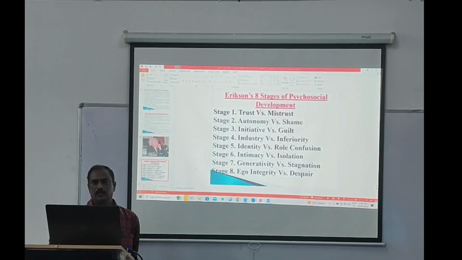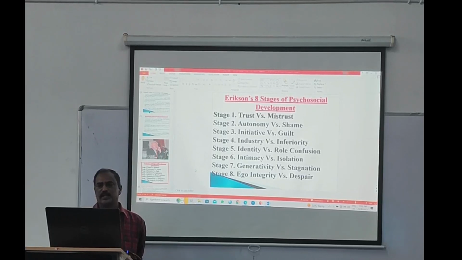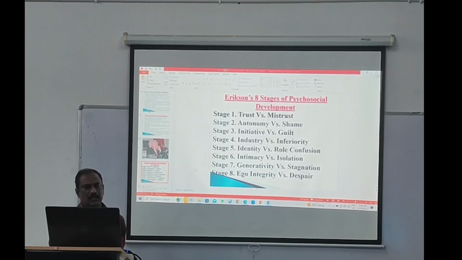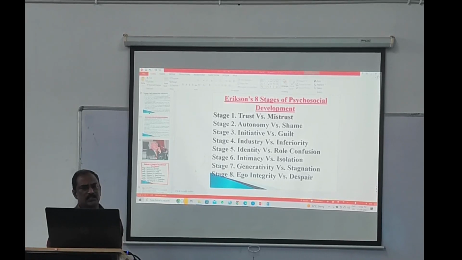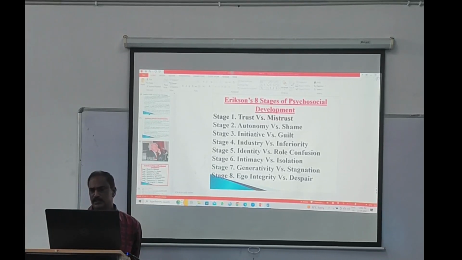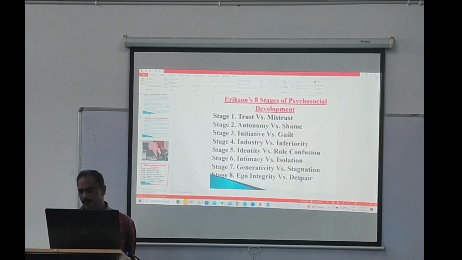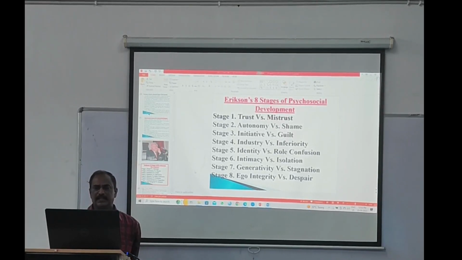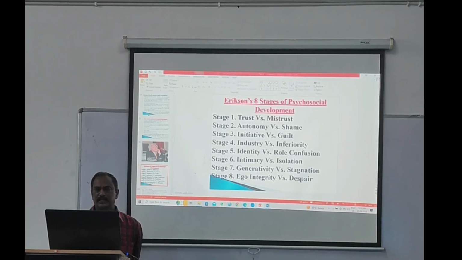Okay, so Erikson's 8 stages of psychosocial development. The first stage is trust versus mistrust. I will explain what it is in the next slide. Stage 2 is autonomy versus shame. Stage 3, initiative versus guilt.